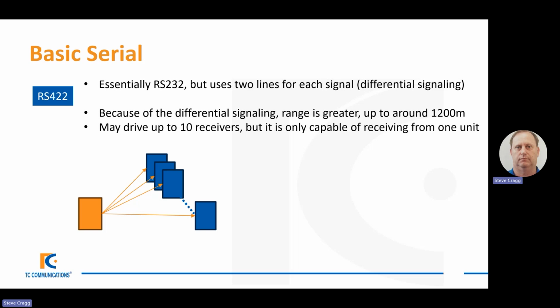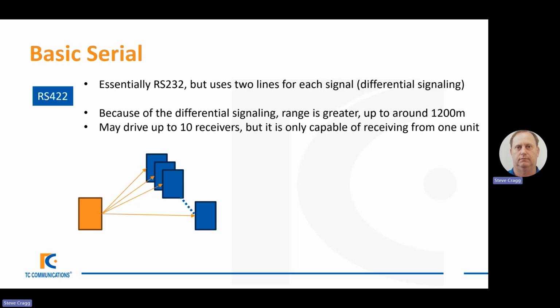With RS-422 as well, the standard defines that you can transmit from one unit to send data to up to 10 receivers on the same line. That is part of the standard. However, not all of those can respond. It is only capable of receiving data back from a single unit.